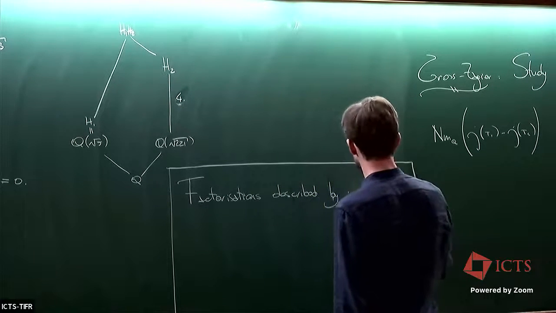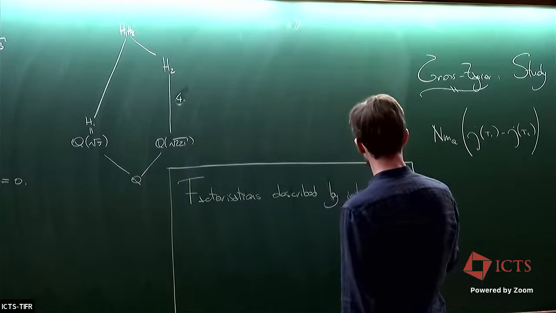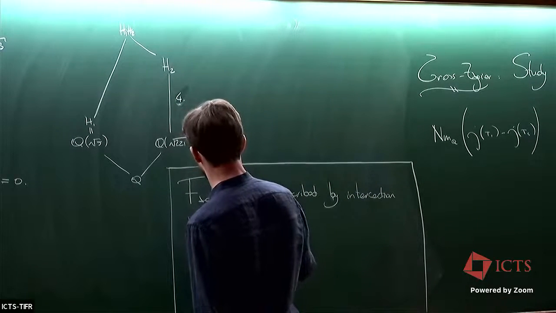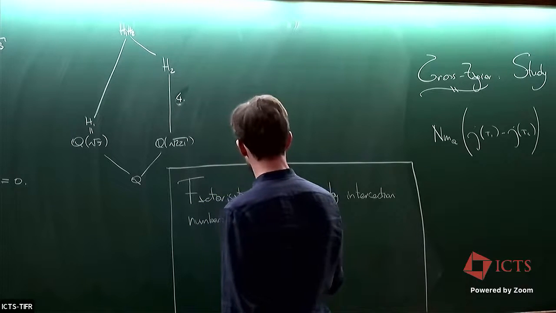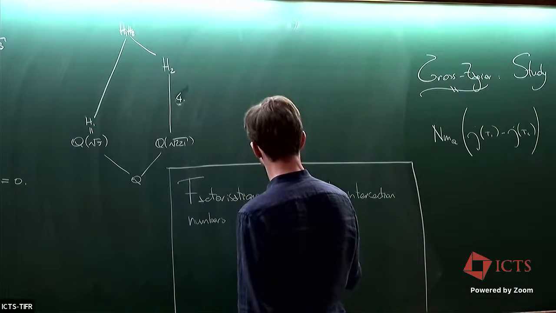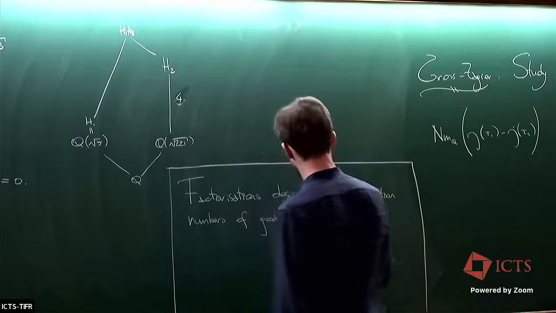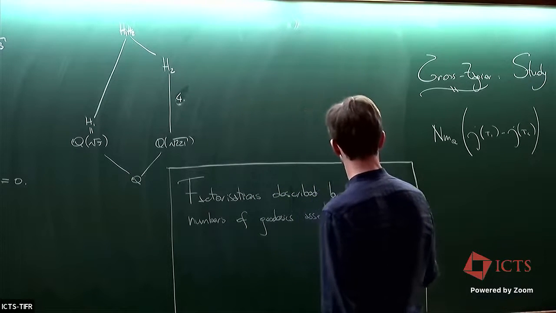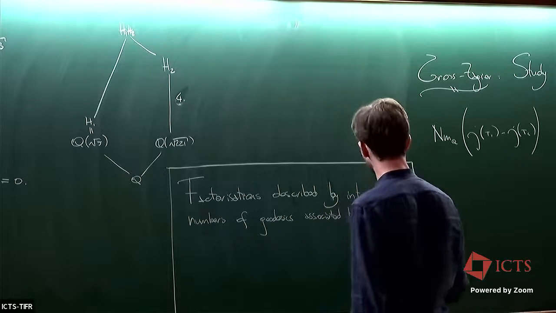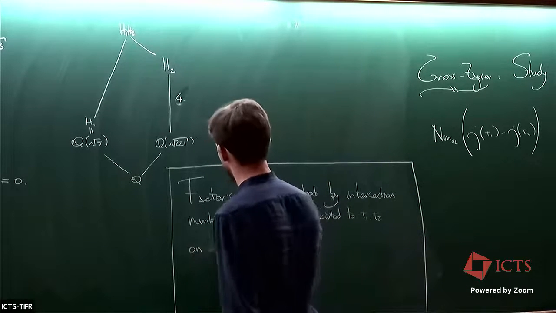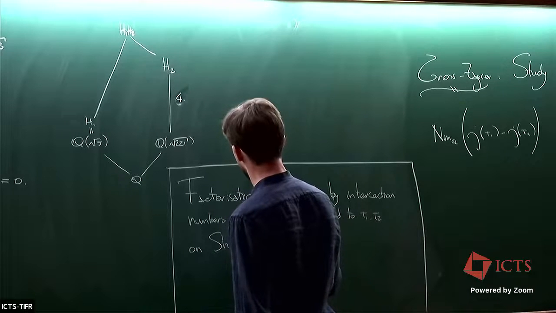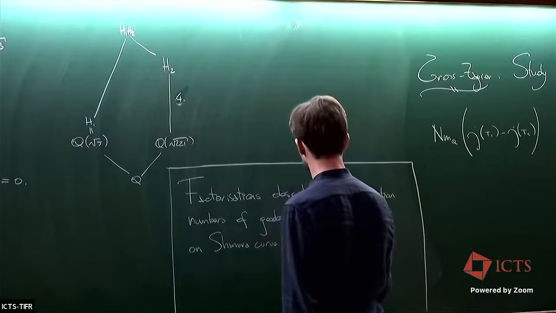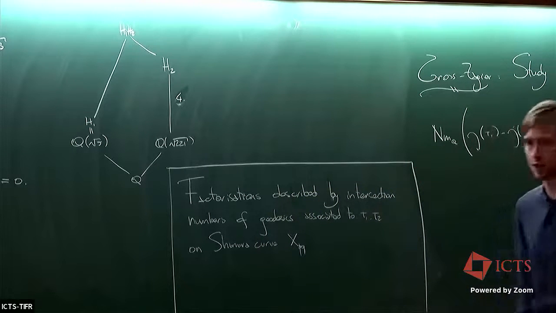They're actually equal to intersection numbers of geodesics associated to tau 1 and tau 2 on the Shimura curve associated to a maximal order in a quaternion algebra ramified at P and Q.